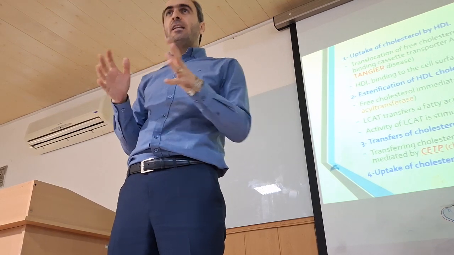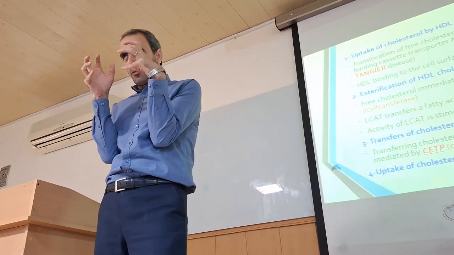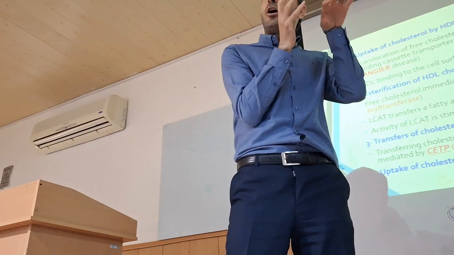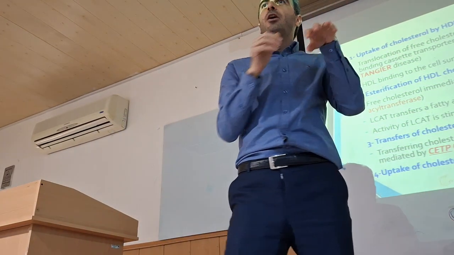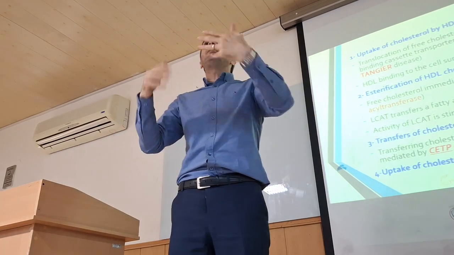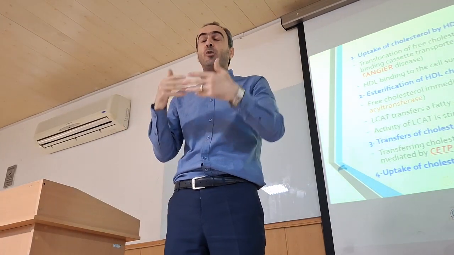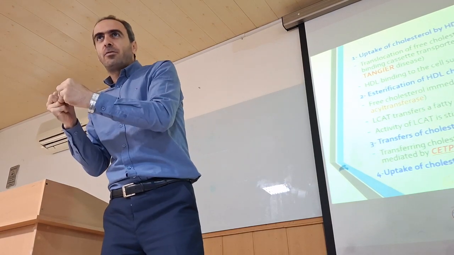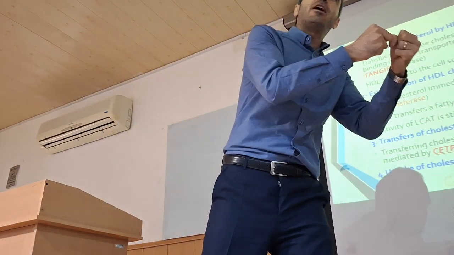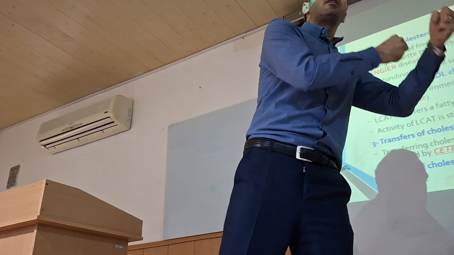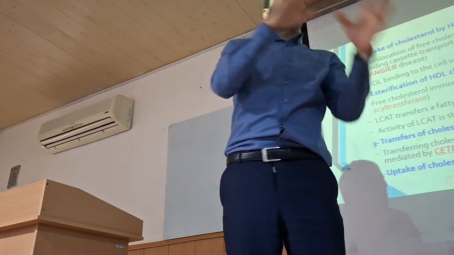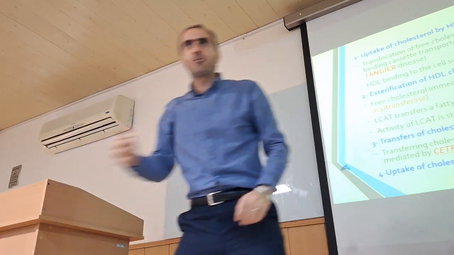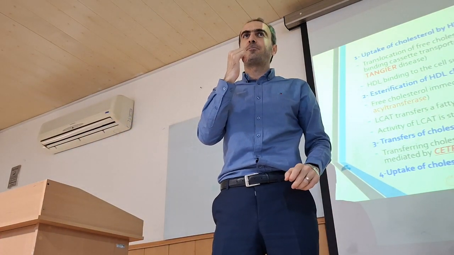Also, when the amount of cholesterol in HDL increases, it should be taken up by the liver. For this reason, to be more active, HDL gives its cholesterol to the chylomicron remnant or IDL or VLDL remnant, and its cholesterol content decreases, so again it can receive more cholesterol from extrahepatic tissue.